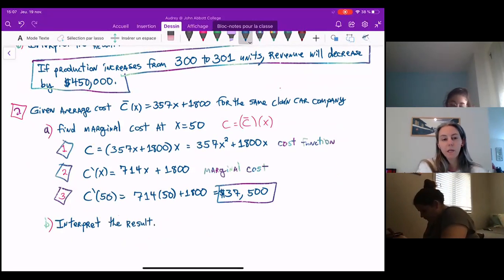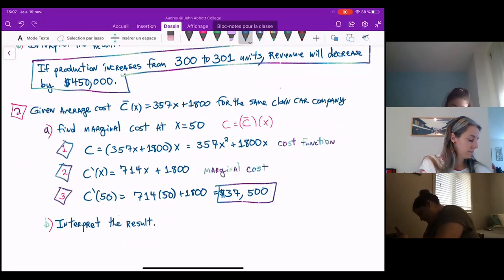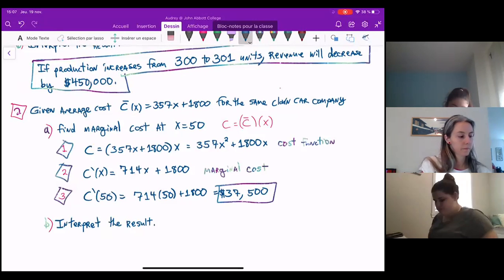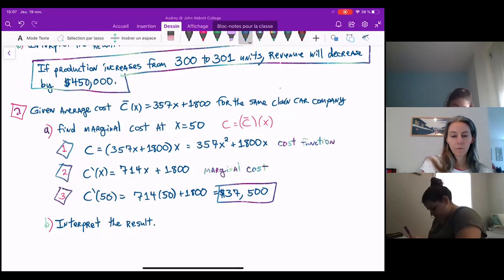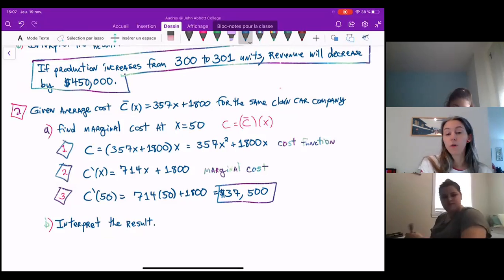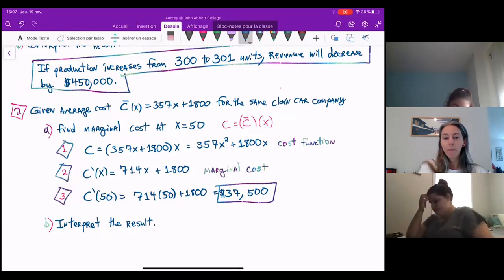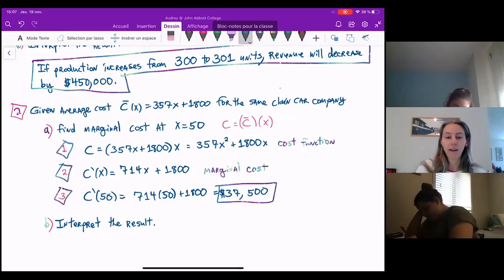So what does this result mean if we base it on how we said the last one? You got it. So making one more unit from 50 to 51 would increase cost by 37,500.